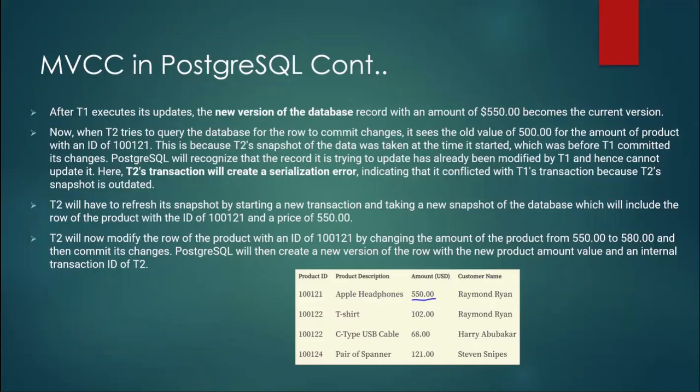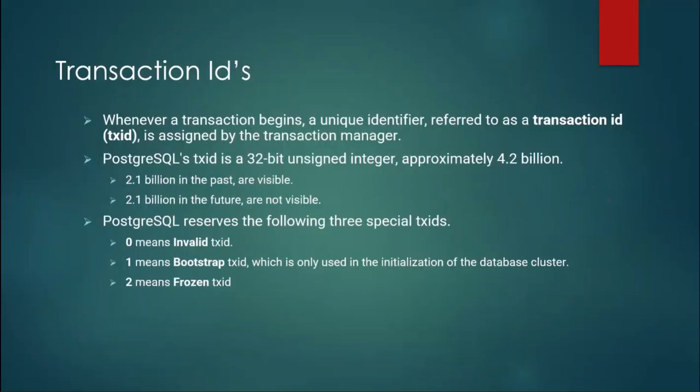If your transaction is not committed, those particular versions will still be visible, because it is not yet committed. Any questions? If no questions, then we can discuss the transaction IDs.